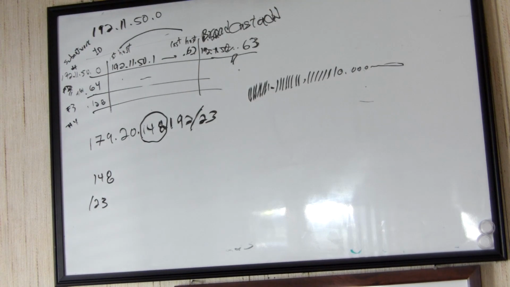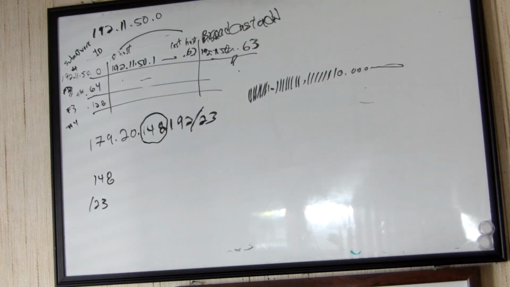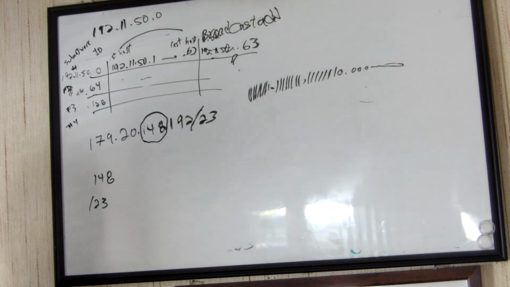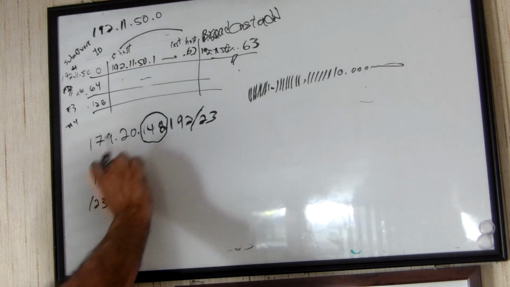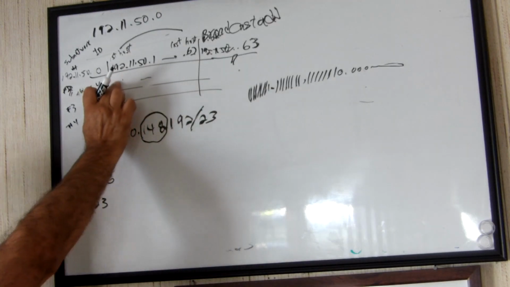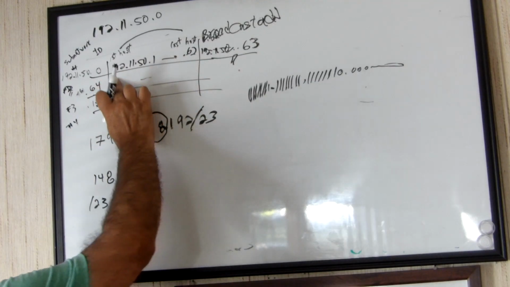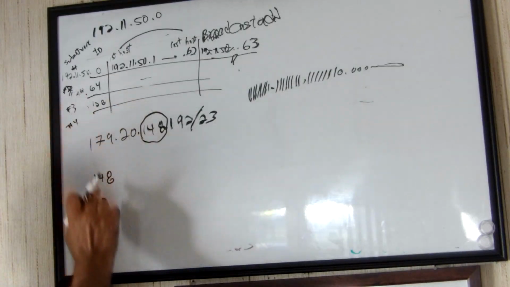So they give you an IP address. They want you to find out the valid host range from here, the first one to the last one on this subnet.